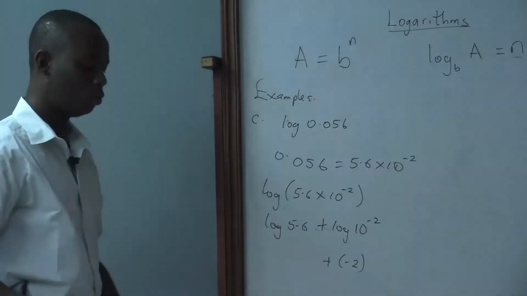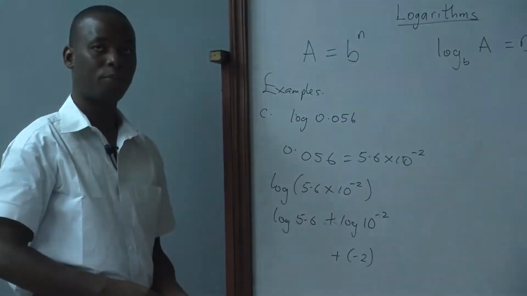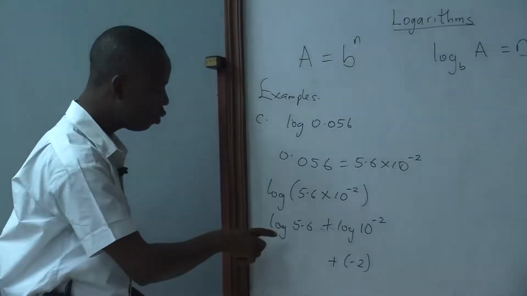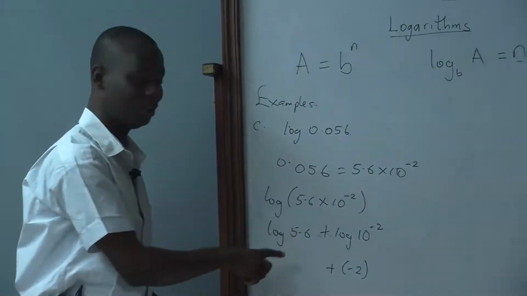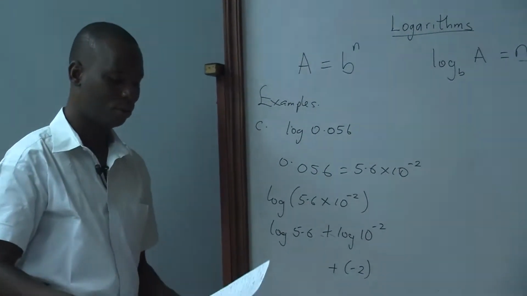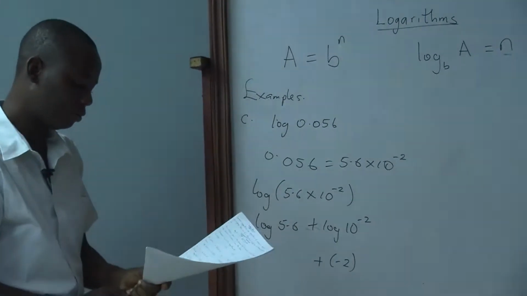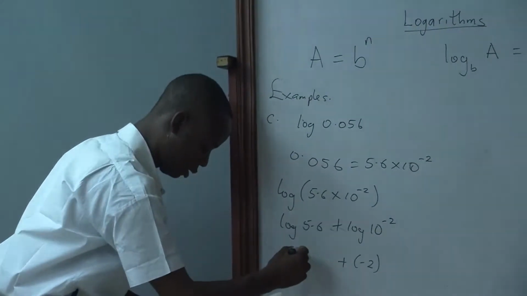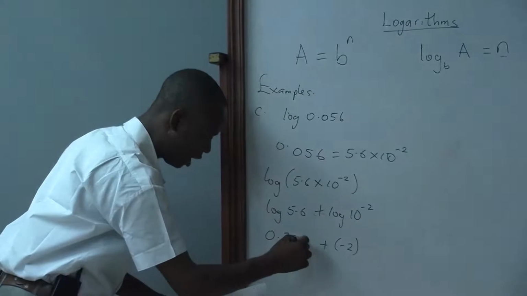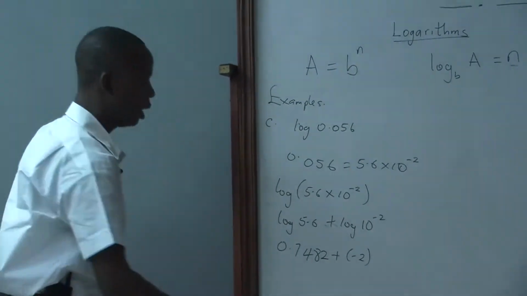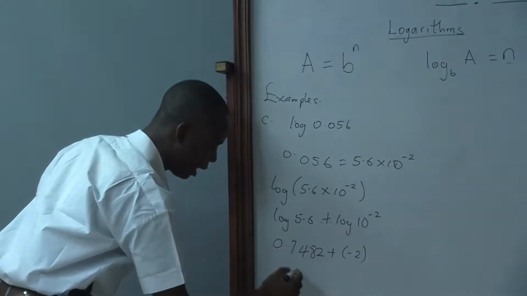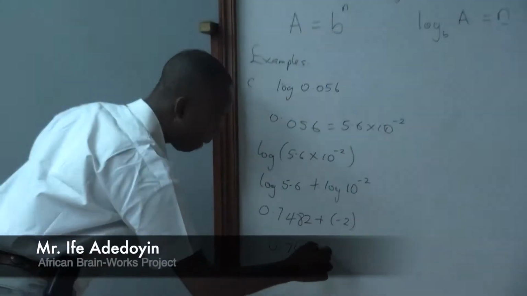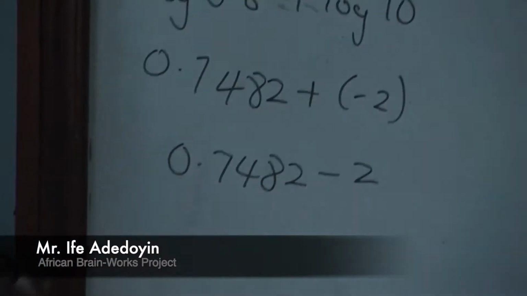And let's look up log 5.6 from the table. We look at column 56 under 0, which gives us 0.7482. And expanding this bracket, that equals 0.7482 minus 2.